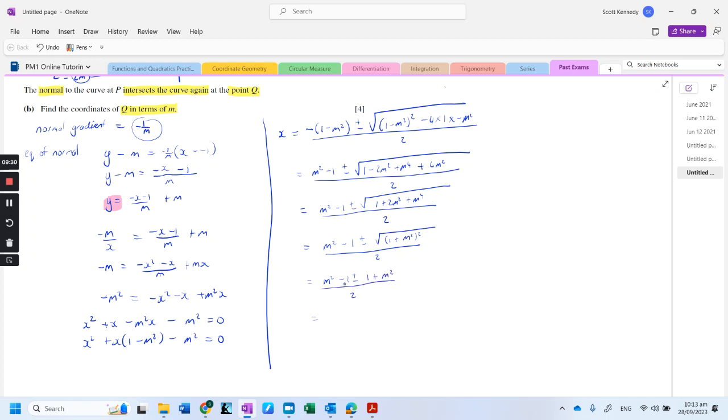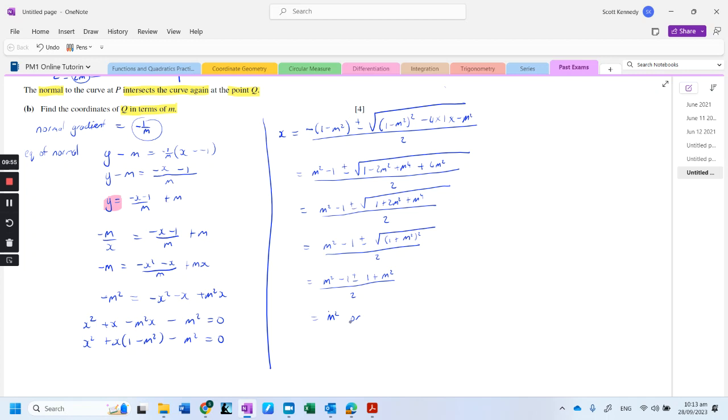And then we, of course, get 2 results there. m squared, right? Because m squared plus m squared is 2m squared, minus 1 plus 1 is 0. So we get 2m squared over 2, which is m squared. Or 0, okay.